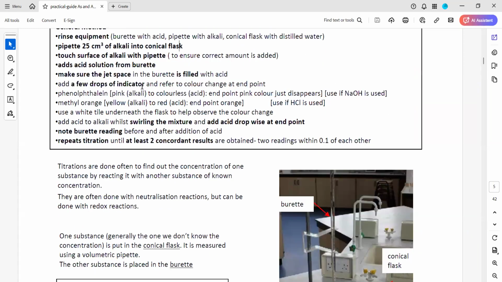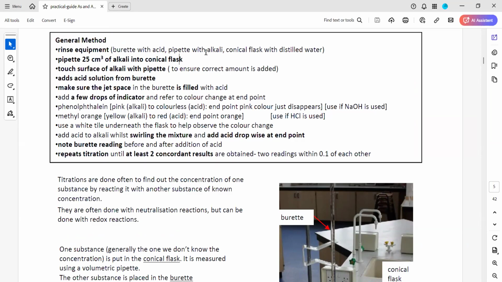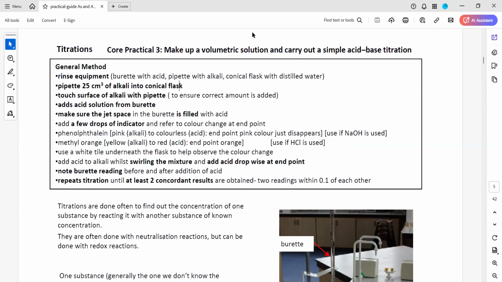Then we add a few drops of indicator. Which indicator can we use here? Different indicators are there. For example, referring to the color change, if you are using phenolphthalein. What if gas bubbles are present? If there are gas bubbles present initially, then the volume which you record will appear larger.